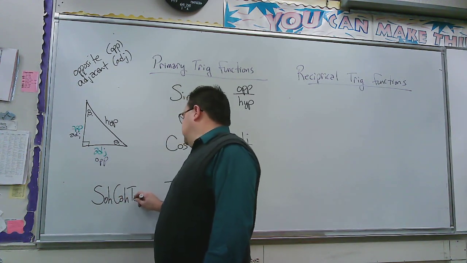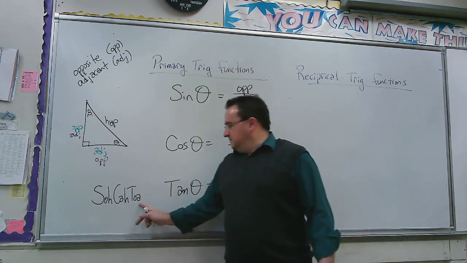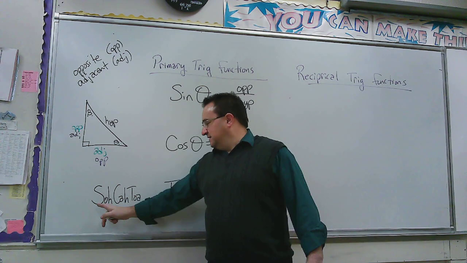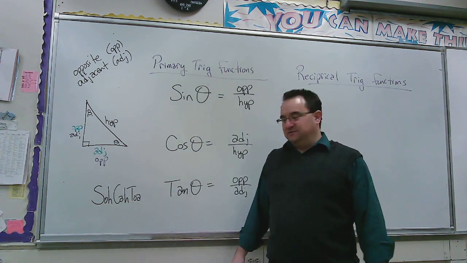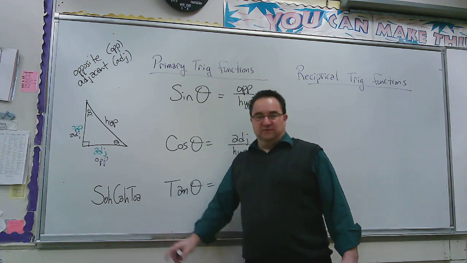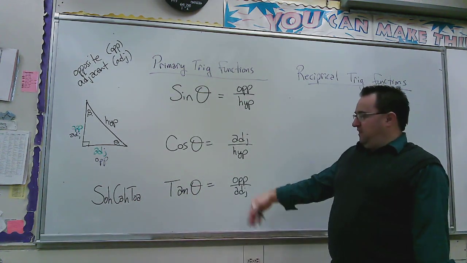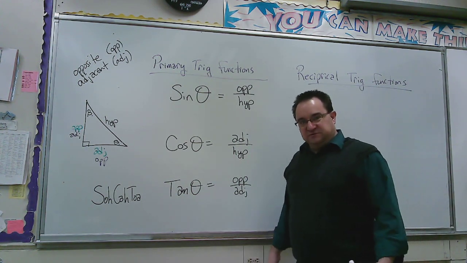The thing is, you can't learn this by the sounds. It only makes sense if you look at the letters. Sine is opposite over hypotenuse, cosine is adjacent over hypotenuse, and tangent is opposite over adjacent. So that's only useful if you actually spell it out. If it helps, use it. But one way or another, you've got to know these trig functions.